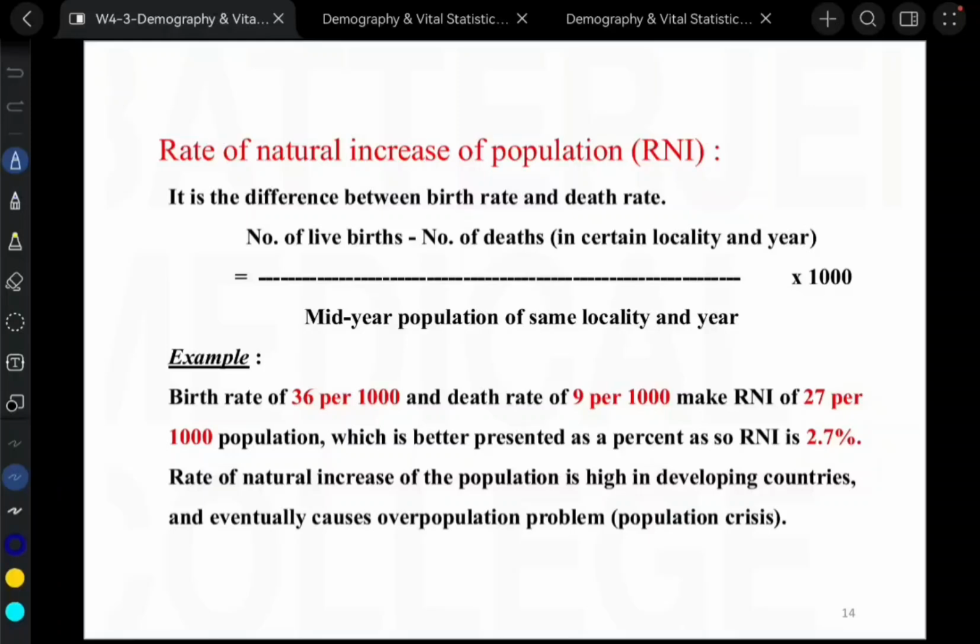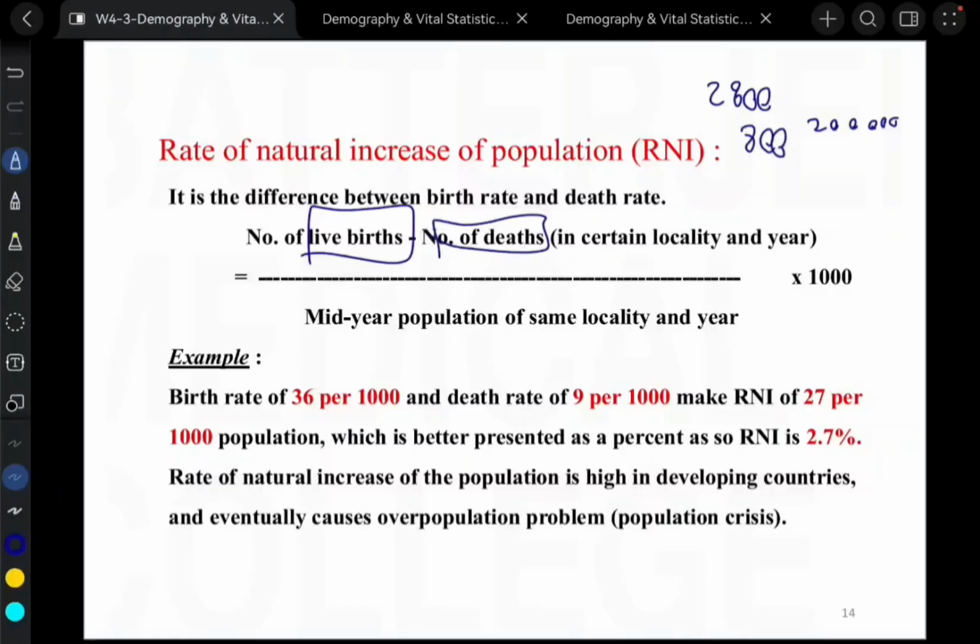Let's say I have a mid-year population of 20,000, and in this year I had 2,800 live births and 800 deaths.